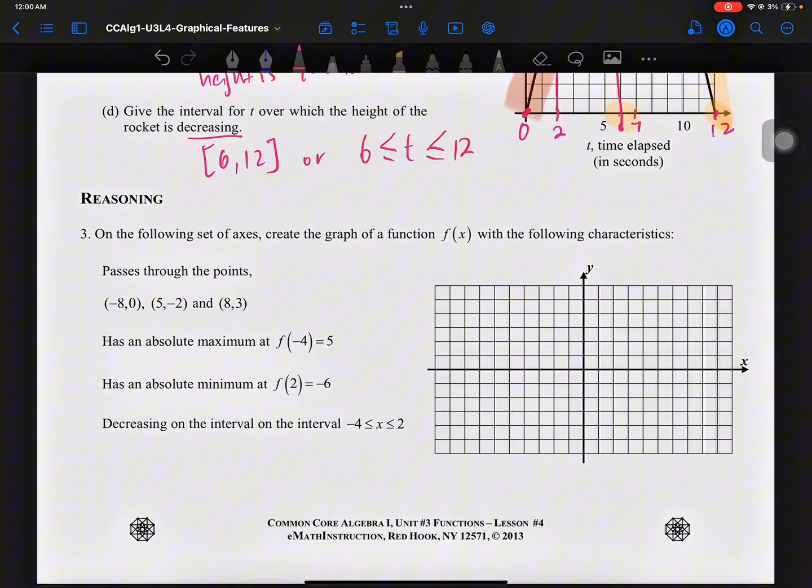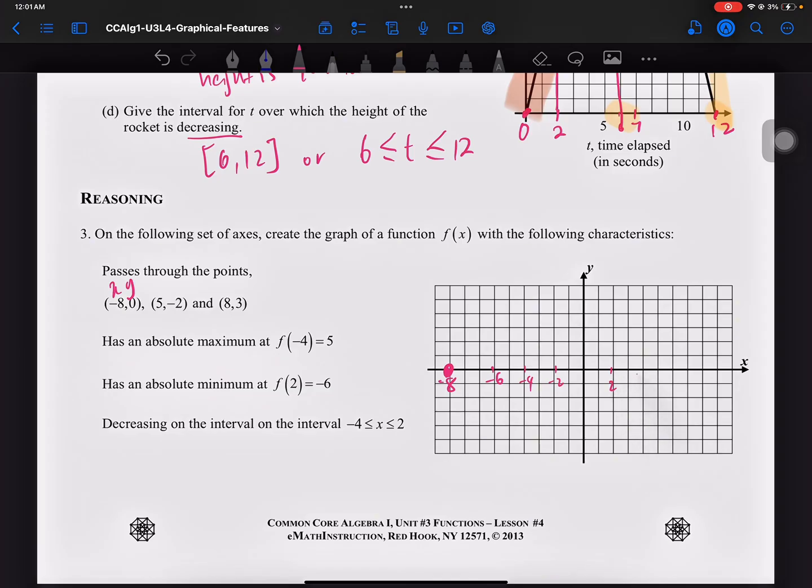Alright, so first we pin the graph to the page by plotting the points it must go through. Plot (-8, 0). So this is x and y. Negative 8, negative 2, negative 4, negative 6, negative 8. (-8, 0) will be here. (5, -2).